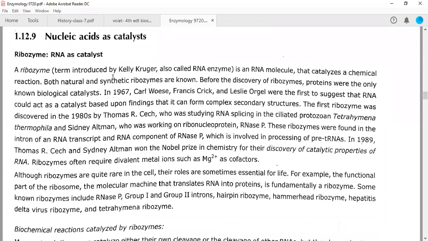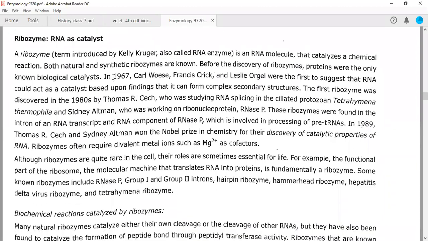These three things we are going to discuss in this class, and also, because enzymes are very sensitive to pH, temperature, and substrate concentration, we need to discuss this in one class.